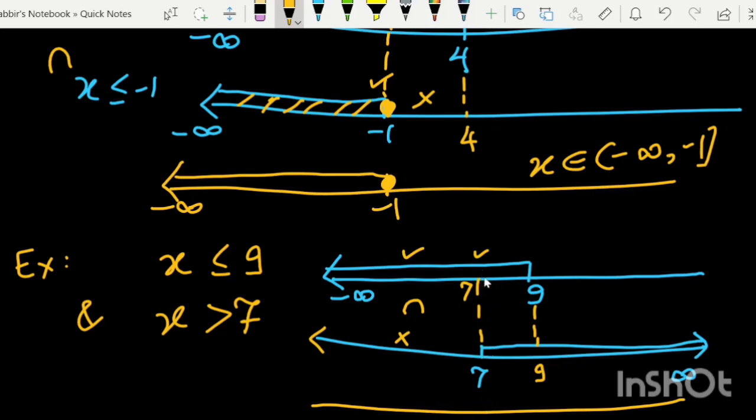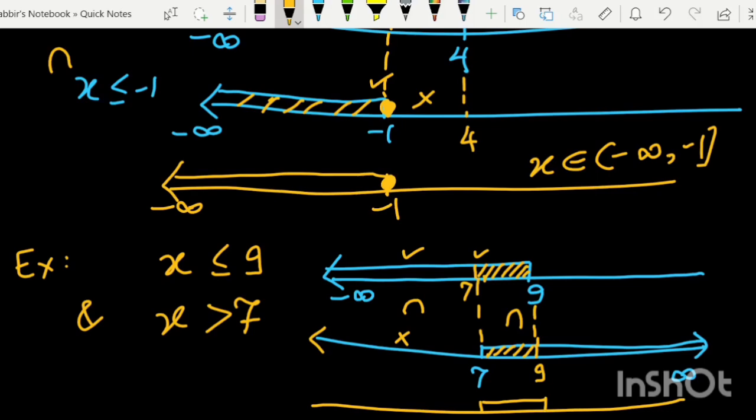Slightly, if you take a bigger value greater than 7, say 7.001, it would be included here. As you can see, values greater than 7 and lesser than 9 are in both, they are having an intersection, they are having common values from 7 to 9.